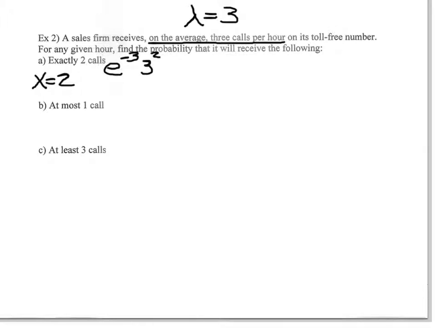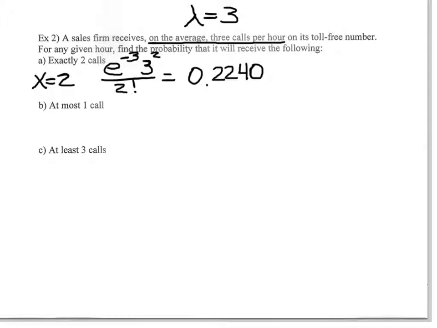We're going to plug in 2 for x. If you take a second to plug that in your calculator, what you're going to realize is if we expect 3 phone calls per hour, the probability that we're only going to get 2, remember you're going to 4 decimal places, ends up being 0.2240. So about 22% of the time we'd expect that.